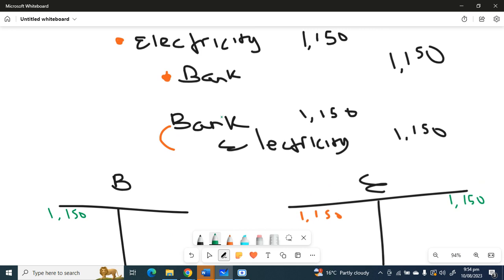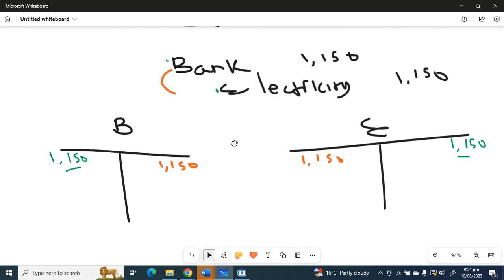This wrong entry here, where bank is debited and electricity is credited, is represented by these green numbers. As I said earlier, to correct this, you credit bank 1,150 and you debit electricity 1,150. But when you do this, it just makes the balance zero. We've just cleared the error, but we haven't shown that we've actually paid for electricity by the bank.